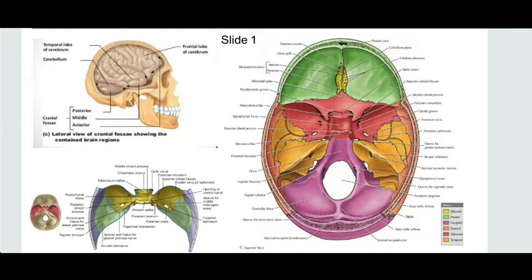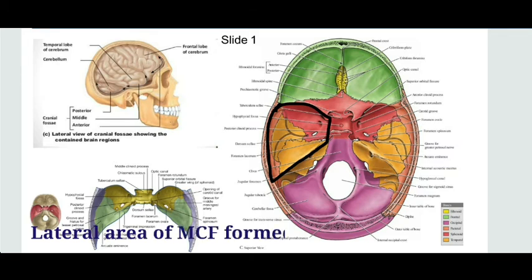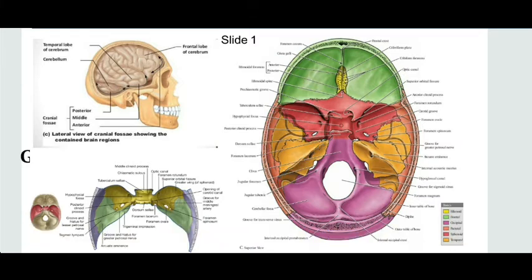The lateral area of middle cranial fossa is formed by the following bones. Number 1, greater wing of sphenoid.